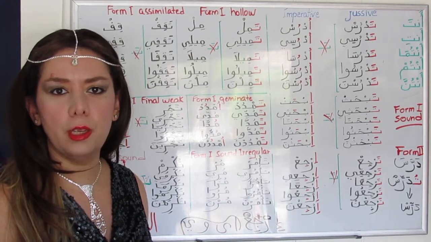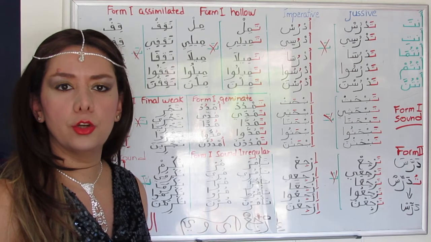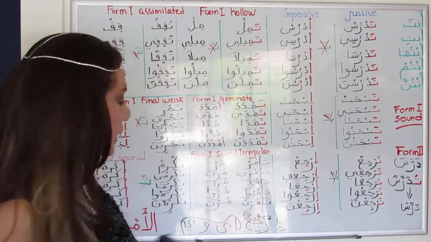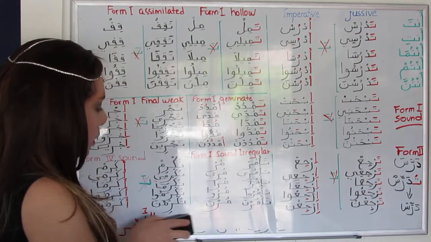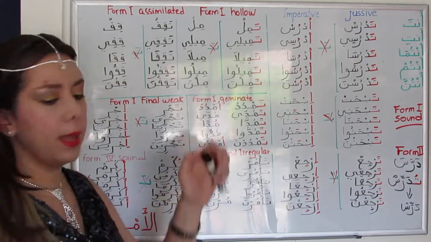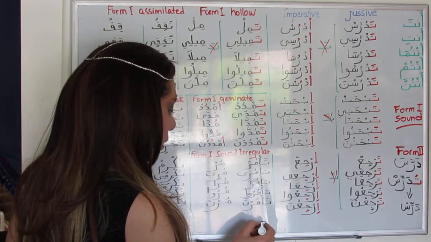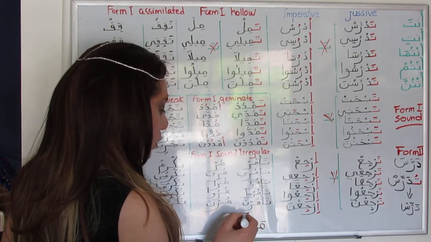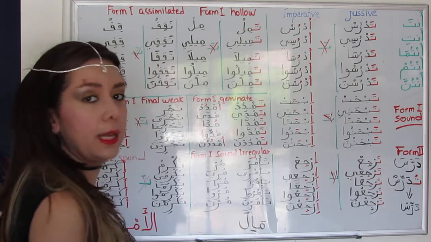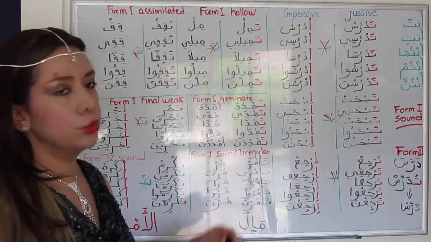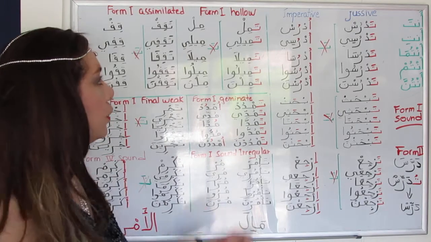They may be changed during the conjugation or may be omitted completely. With the verb mala, to bend or to lean, we have an alif in between. So let's conjugate it in the jussive.